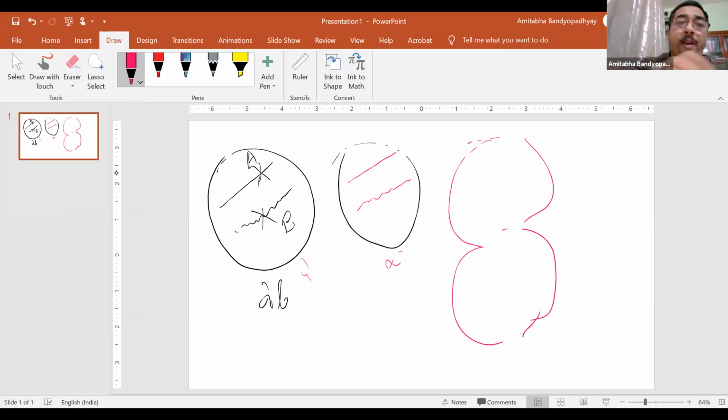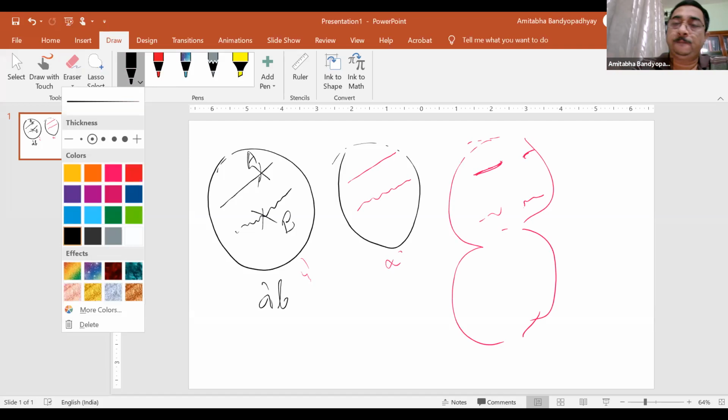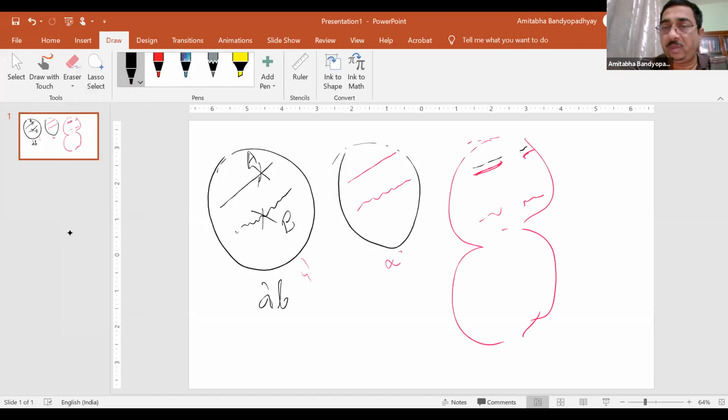And in the diploid, you will now have 2 copies of the same chromosome, right?